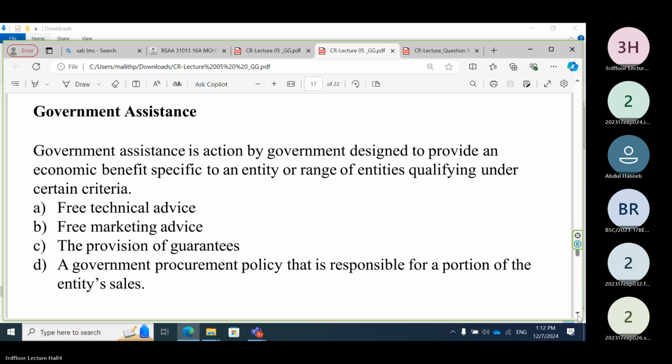Right? So those three can be some examples for government assistance. Highly possible questions.